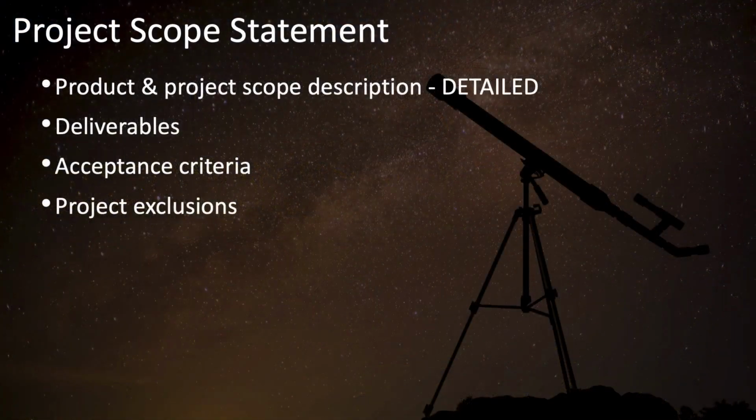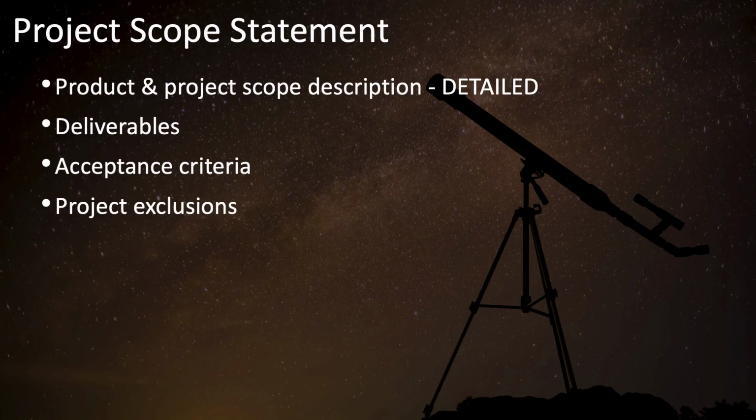To summarize, the project scope statement includes the product and project scope described in detail, elaborating on all of the characteristics of the product, service, or result that was described in the project charter and the requirements documentation.